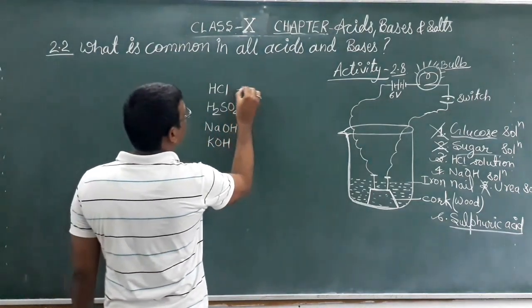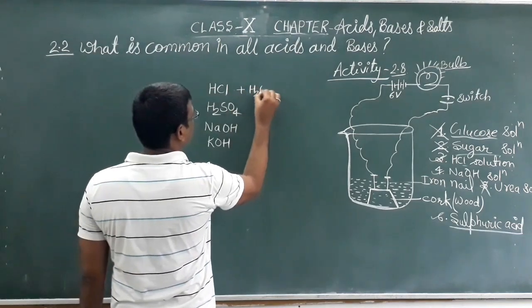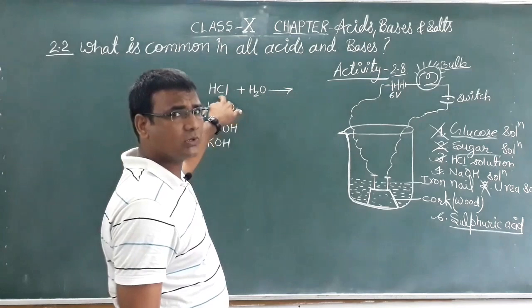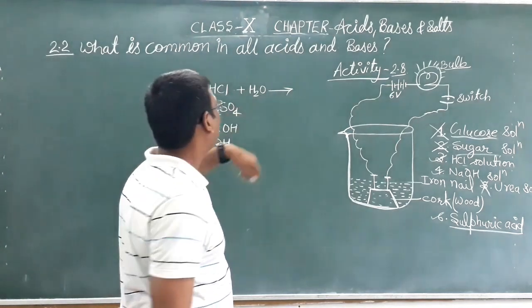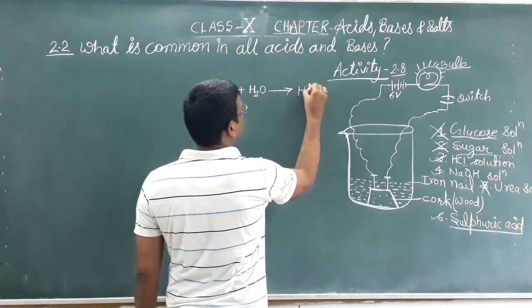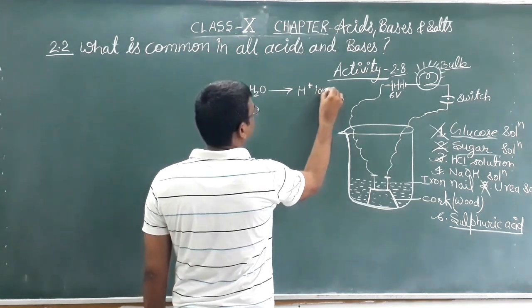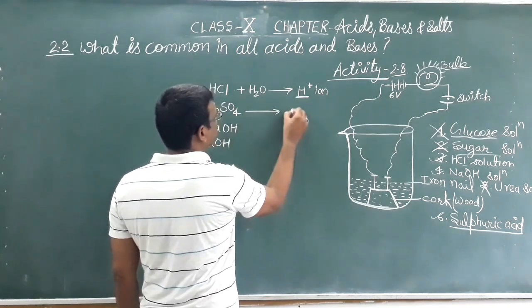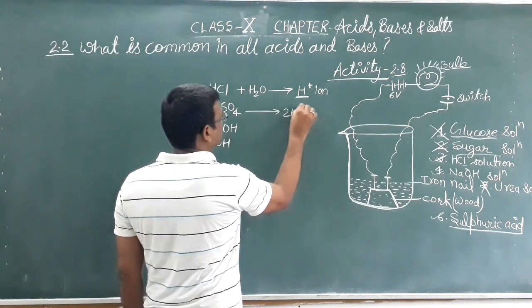When HCl is dissolved in water, it provides H plus ions. In the same way, H2SO4 also provides 2H plus ions.